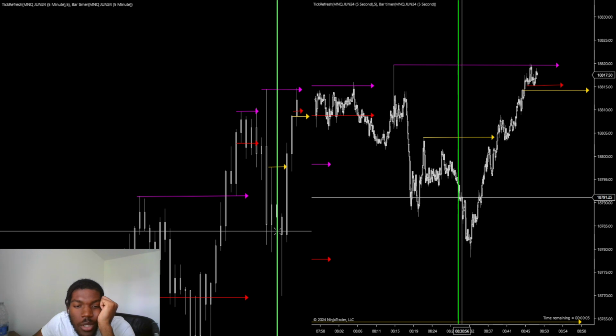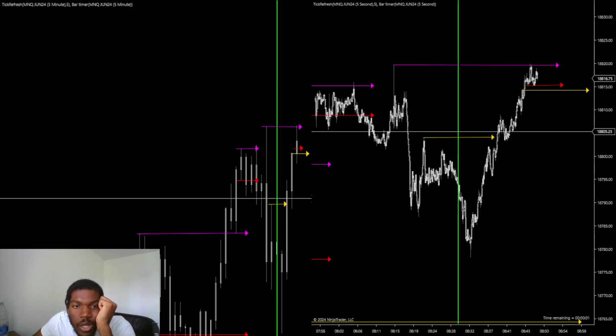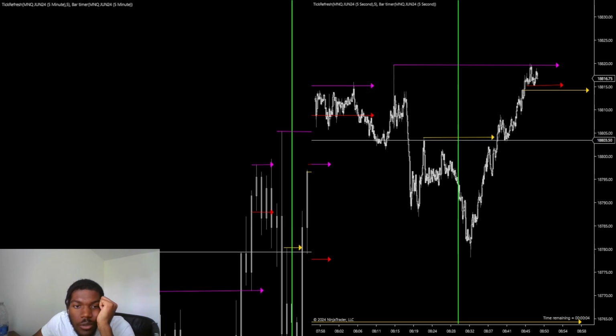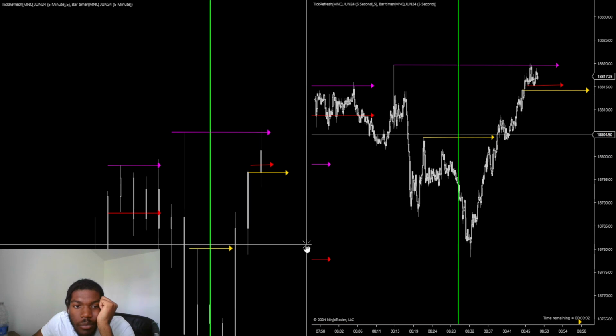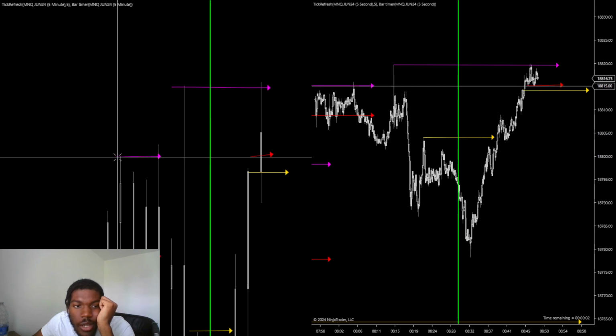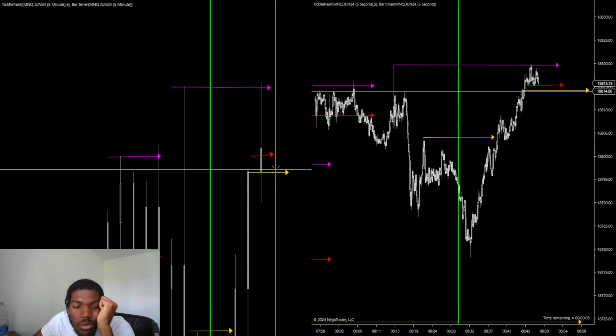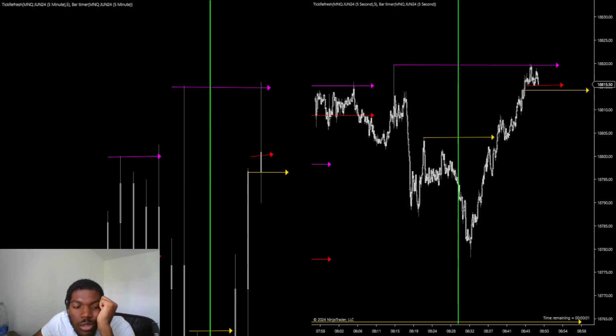We got a minute and 40 seconds left on this one candle here. If we close below this high here, then there's a good chance that we can get involved in a move below. That's if, though.